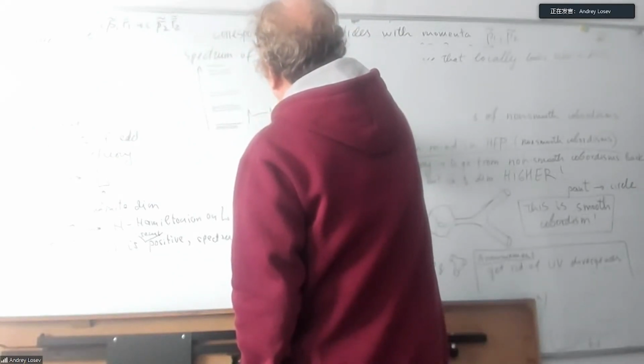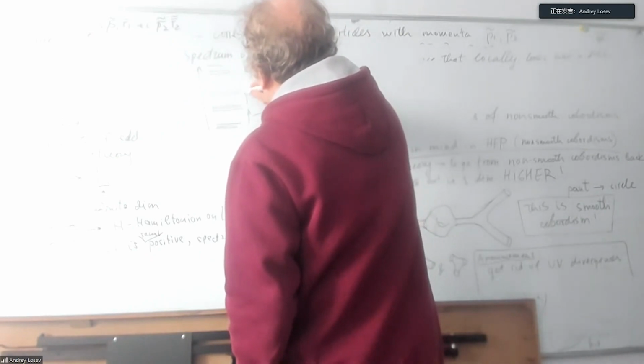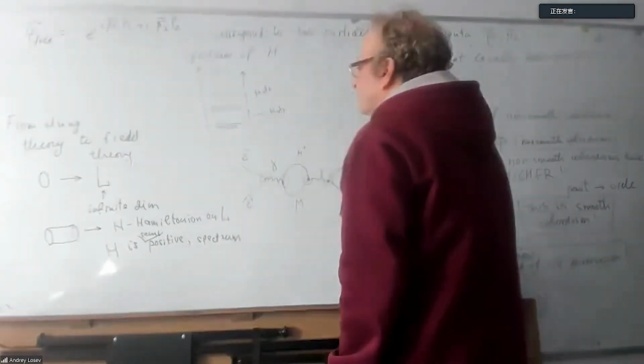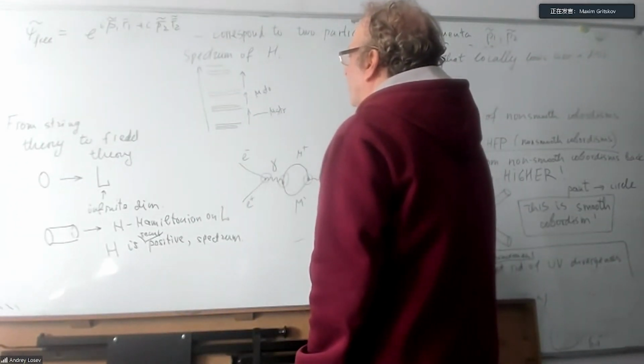And there is a gap here. And here is M string. And here is M string, etc. They are there because our cylinder is compact.